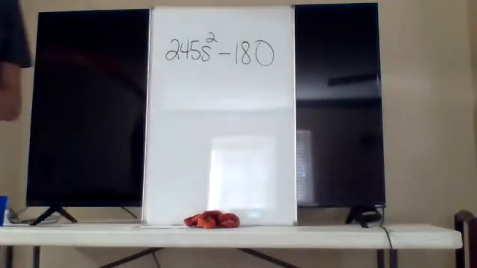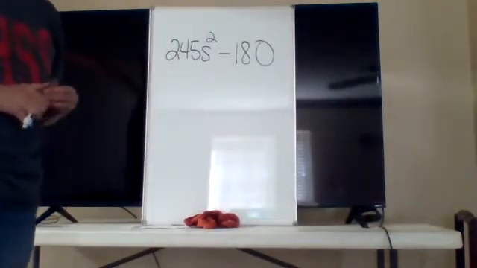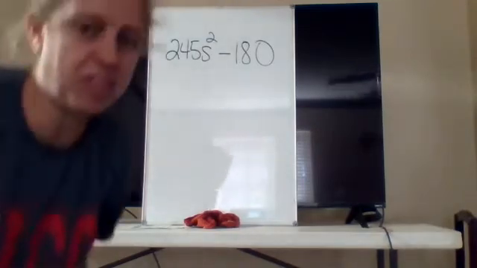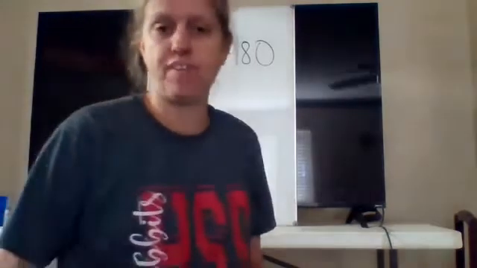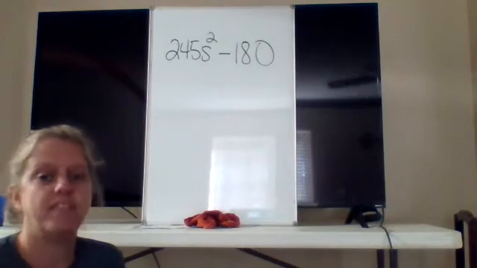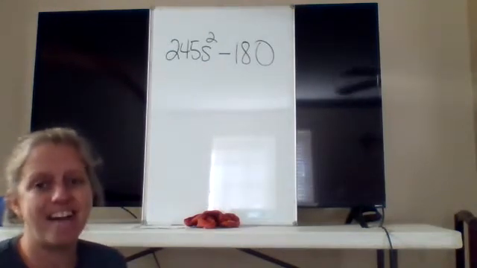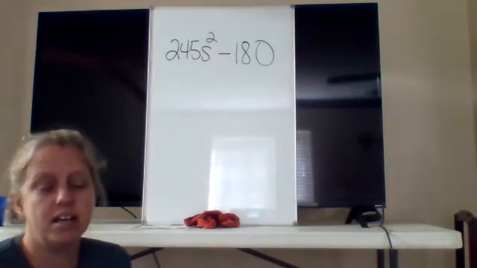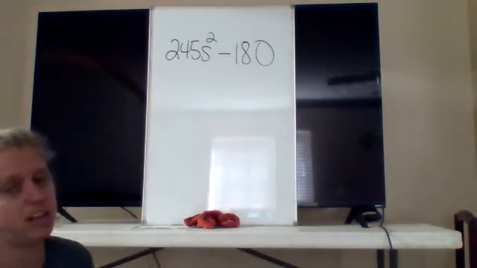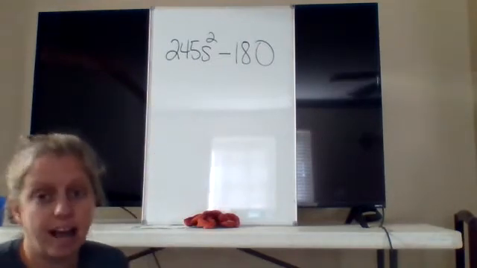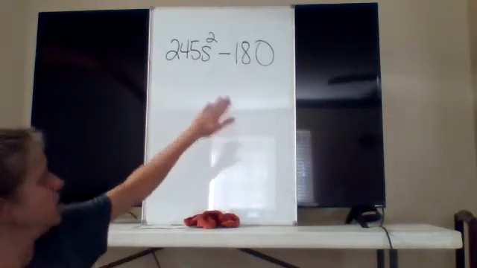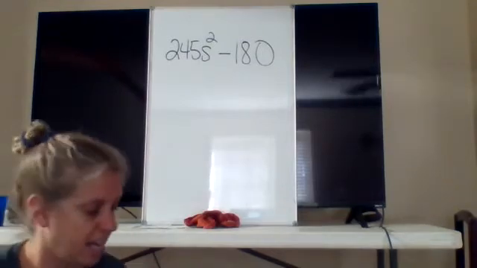We have 245s squared minus 180. So remember, the very first method of factoring that we talked about was greatest common factor. It doesn't matter what section we're in or what kind of factoring we're doing. That is actually what you look for first every single time, is something in common. So when I'm looking at these numbers, I see 245 and 180. I'm thinking they have something in common that I need to pull out. And second of all, neither one of those are perfect squares, how they're written like that anyway.